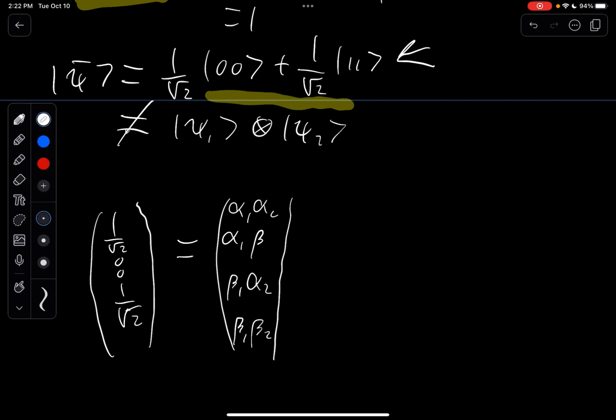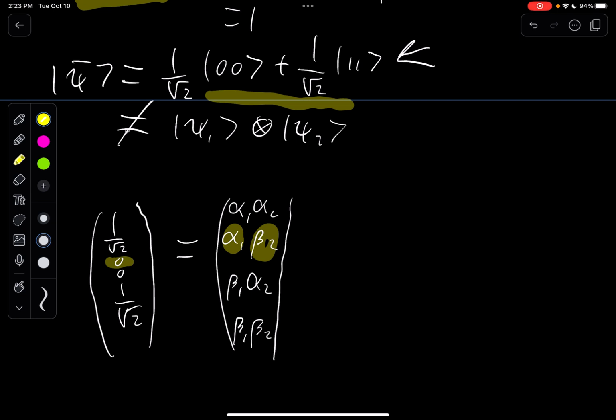Okay, well, we see that the second entry is 0. So that would require that either alpha 1 is 0 or beta 2 is 0. It cannot be the case that alpha 1 and beta 2 are non-zero and that the product is 0.